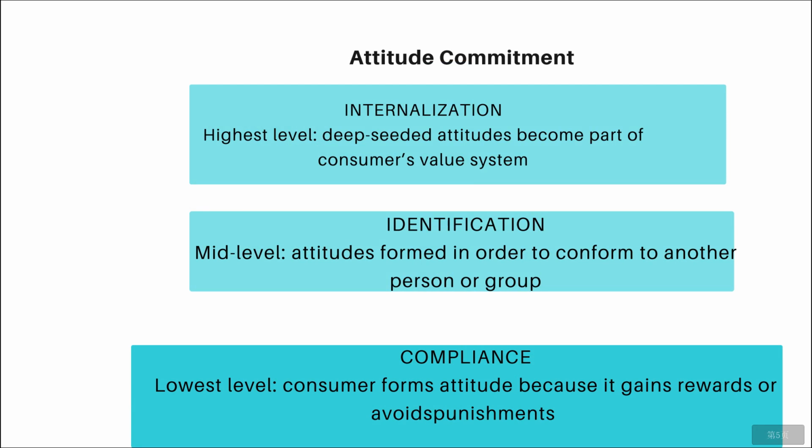So here we have attitude commitment, like internalization, which is the high level, where deep-seated attitudes become part of the consumer's value system, and identification, the middle level, and compliance, the lowest level, where the consumer forms an attitude because it gains rewards or avoids punishments.